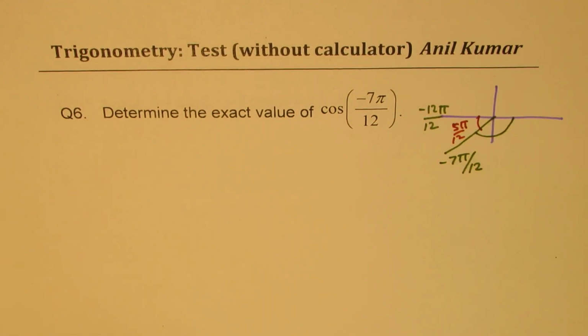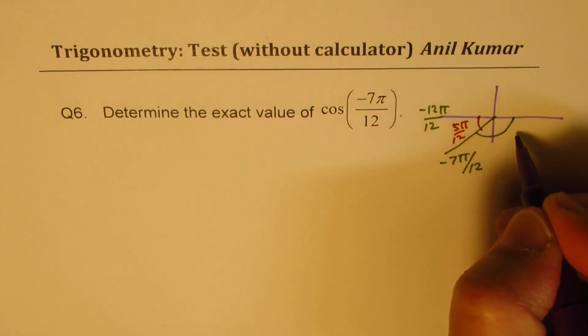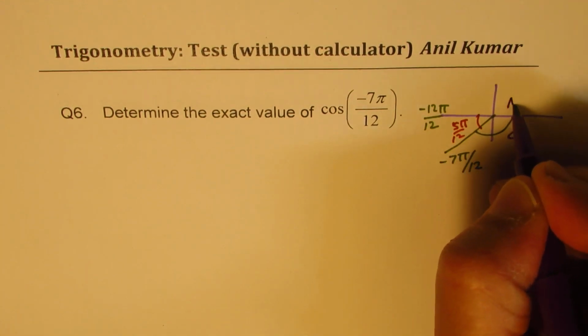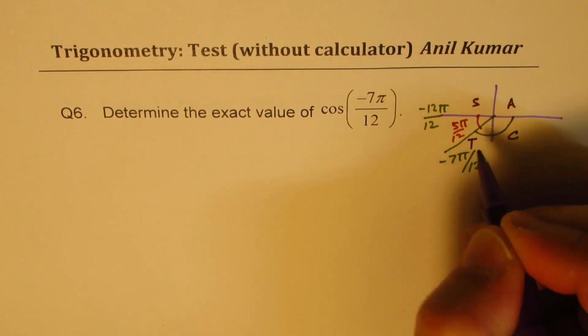Now, since we are talking about cosine of a value, and we know cos is positive here, all are positive, sine and tan are positive.